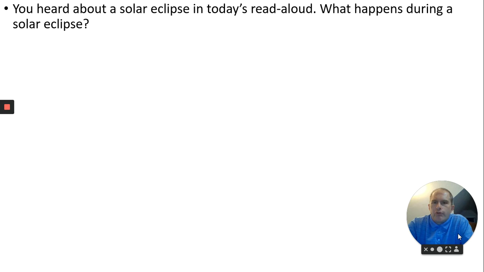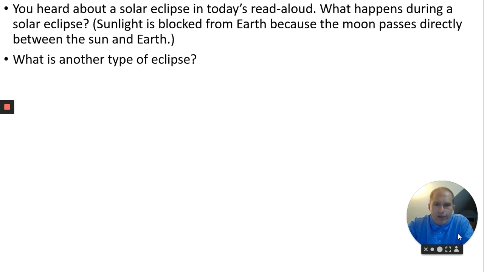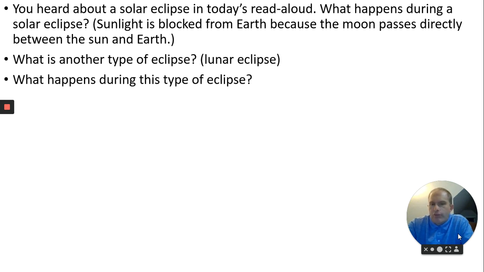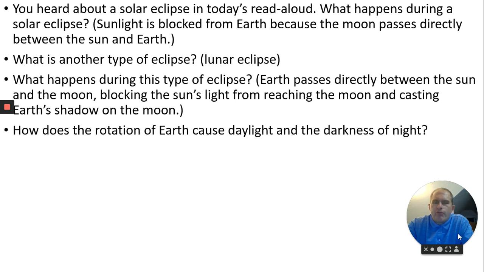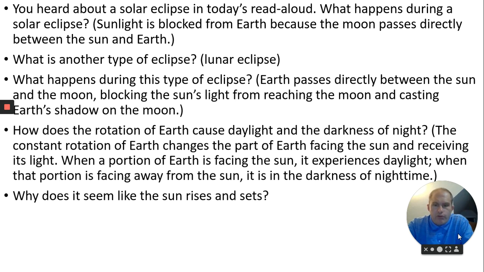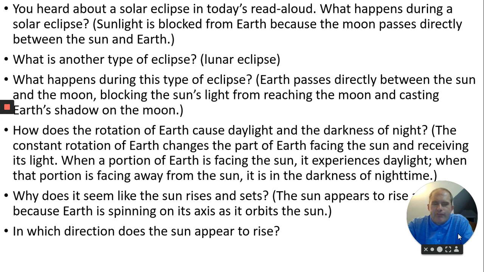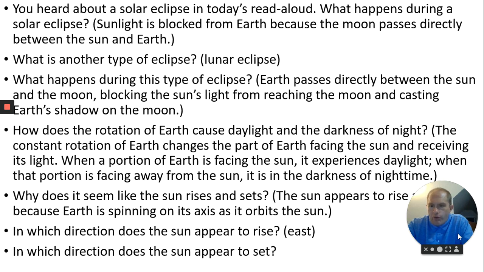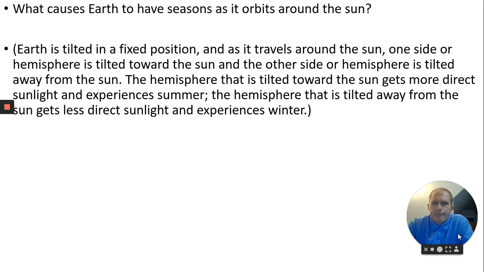I'm going to just scroll through these questions real quick, though. So if you have time and would like to help yourself remember some of the things you learned in the read aloud, these are all questions based on the lesson that you just heard. What types of eclipses you have, rotation of the Earth, when the sun rises and sets. Again, you can rewatch this anytime and go back through here.